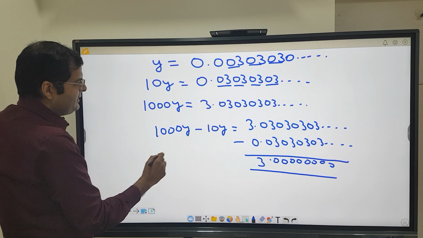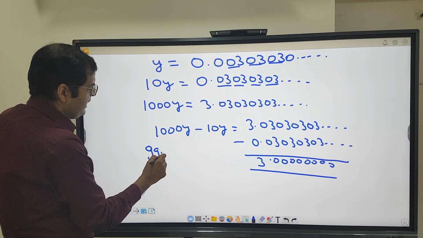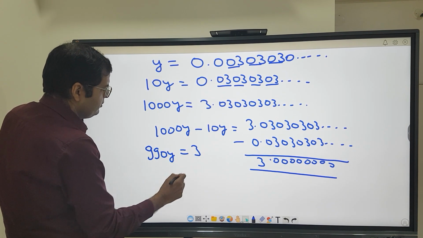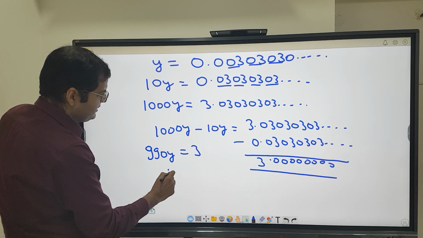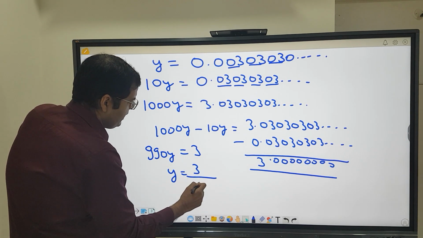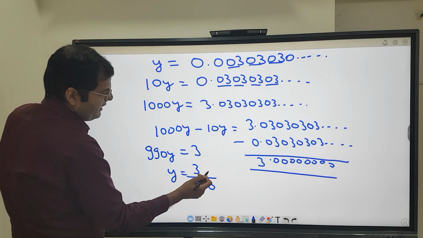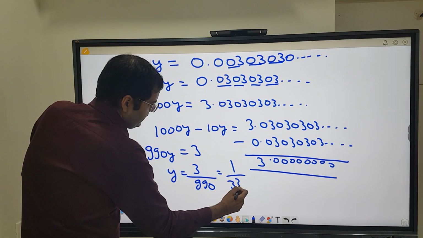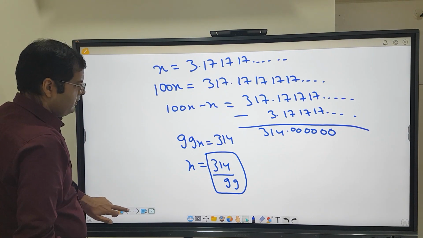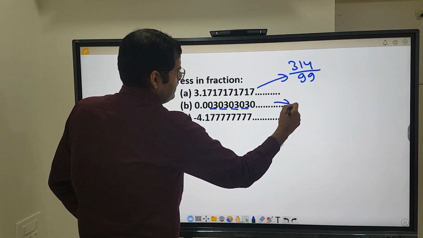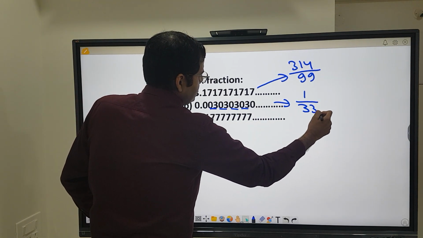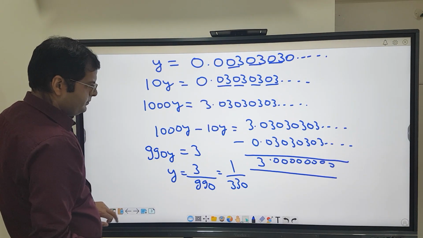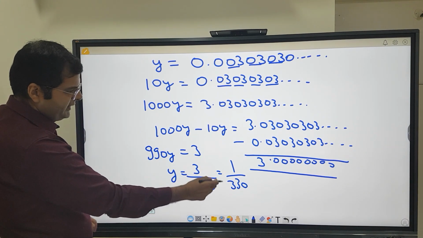So 1000y minus 10y, that is 990y, comes out to be 3. If 990y is 3, y is 3 upon 990. If I reduce it to the smallest form, 3 ones are 3 and this is 1 upon 330. So this comes to be 1 upon 330.